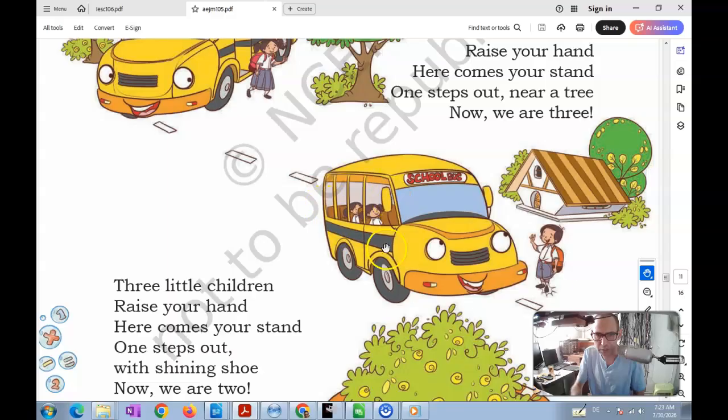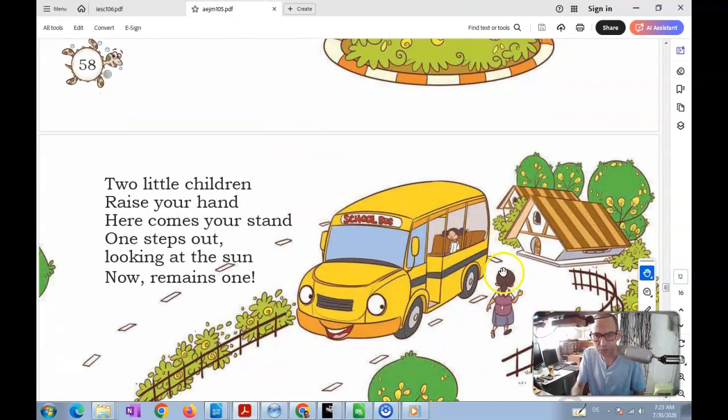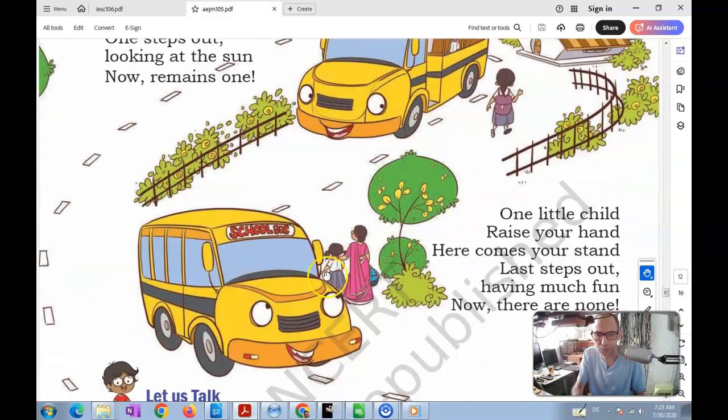The 3 kids, again we lose one of them, and we are left with 2 kids. Now the 2 kids, again we lose one of them, and we are left with 1 kid. And the 1 kid, finally we lose her as well, and we are left with 0 kids.